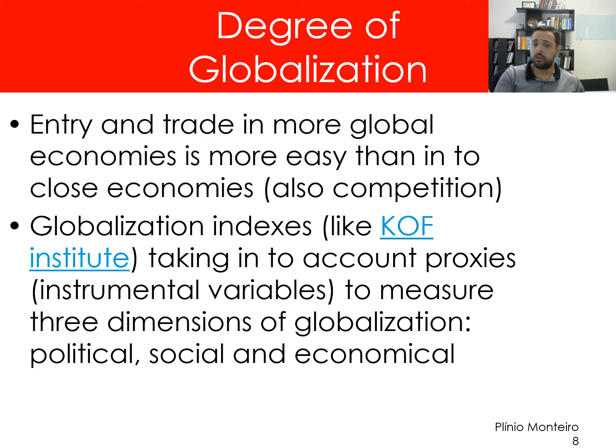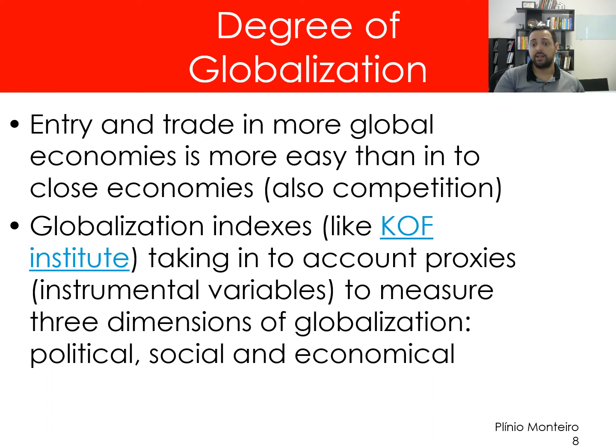So when you look to the degree of globalization, it's basically a way to see if it's an open society or if it's a closed society. There are many indexes that try to measure the degree of globalization of each country in the world. One of the most famous is the KOF Institute Index.